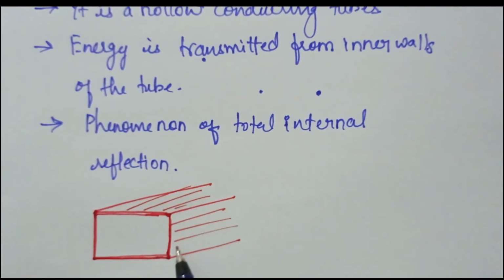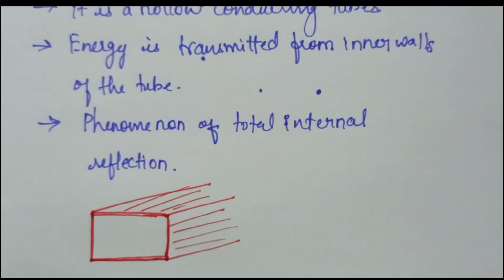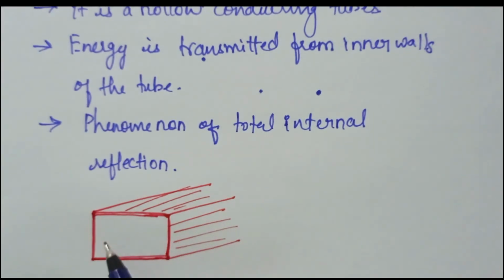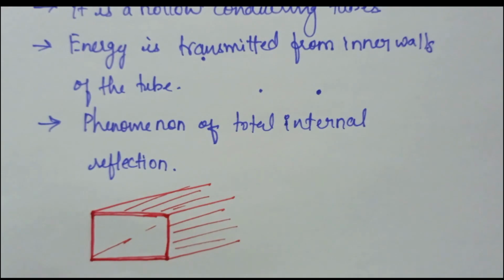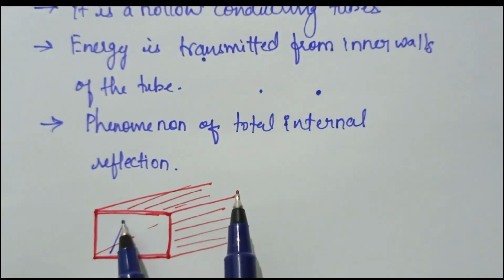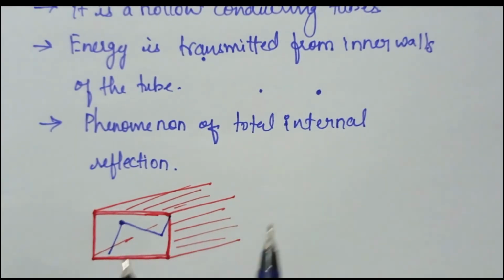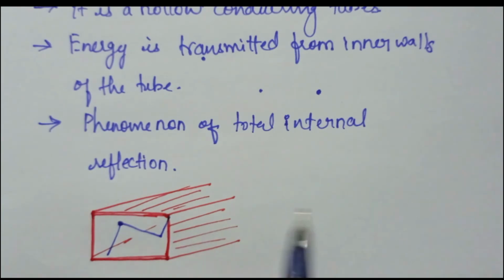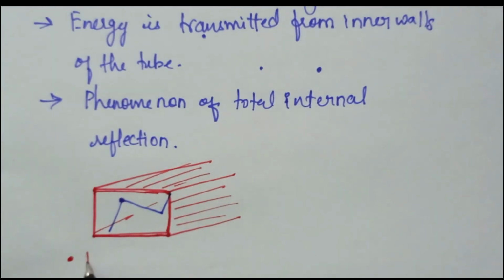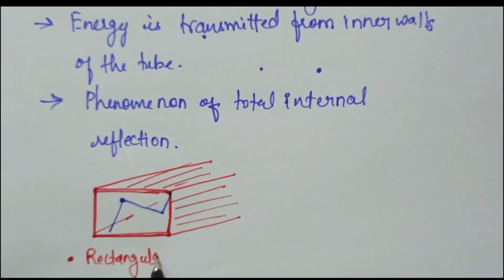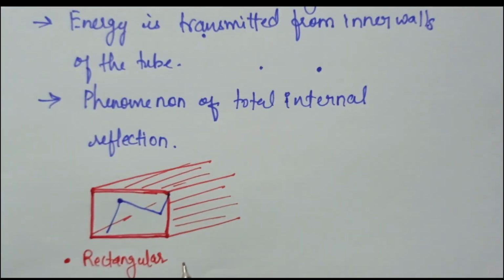The energy we send inside will hit the internal walls and travel inside. This is the rectangular waveguide.